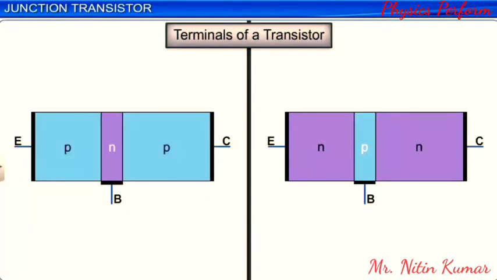Suitable potential difference must be applied across both the p-n junctions to operate a transistor. This process is called biasing the transistor. To bias the two p-n junctions in the transistor, we require a pair of terminals for each p-n junction. Thus, in total, we require 4 terminals.